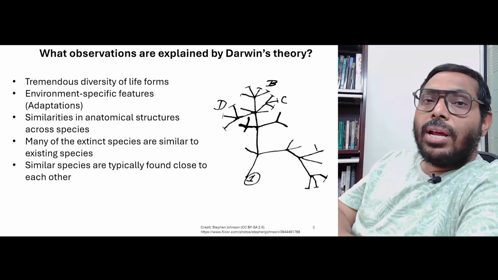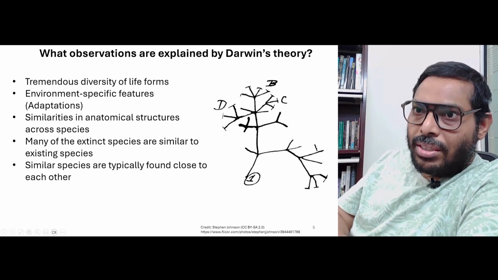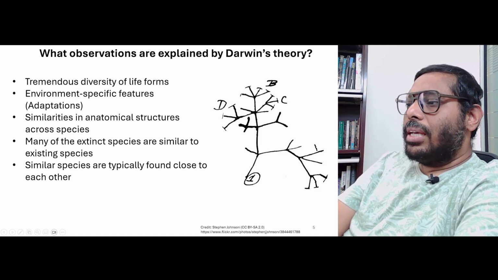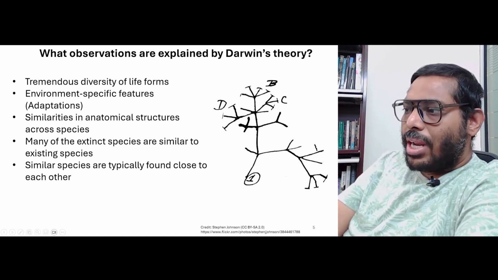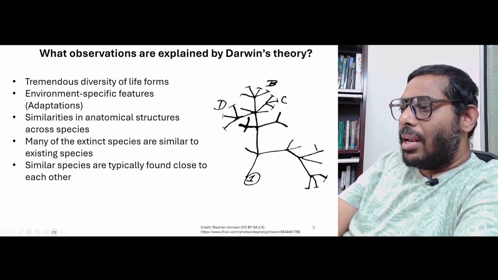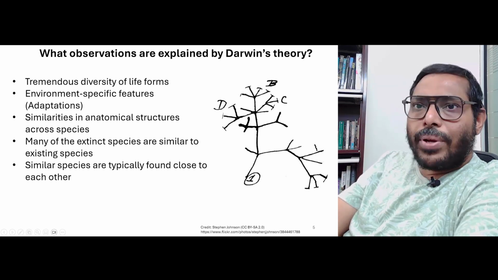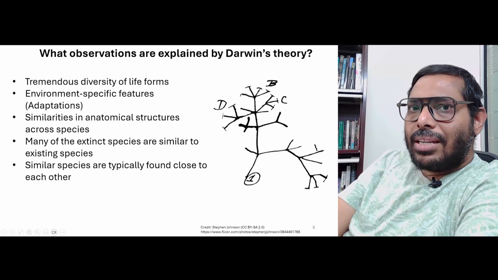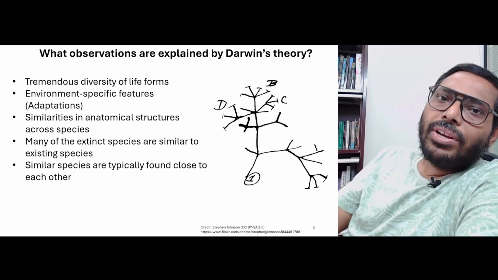Why do we typically find similar species, that is species with similar traits, close to each other? Again, same thing. Darwin is saying that, look, both of these have arisen from one common ancestor. So, obviously, this common ancestor is at a particular geographical location, and therefore, the change that has happened has to happen geographically close to each other, and therefore, there is a high chance that when you are looking at them today, they are generally geographically close to each other.